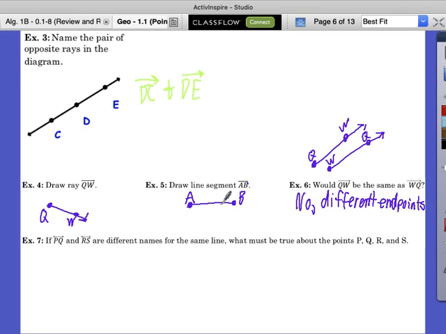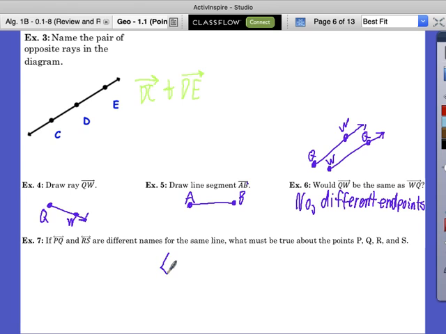Alrighty. Example 7. If line PQ and line RS are different names for the same line, what must be true about the 4 points P, Q, R, and S? If we have these lines, PQ and RS, but they're the same line, what do we know about those points in those names? Elizabeth? They're all on the same line. That's exactly right.